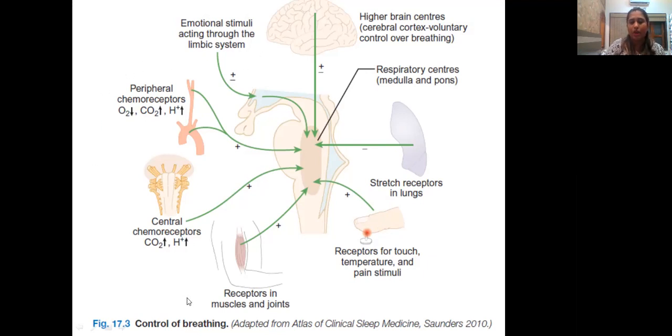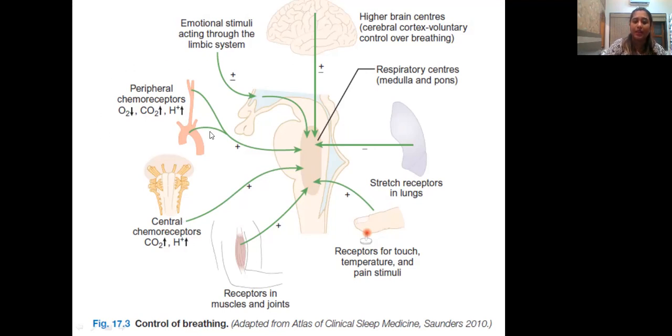Now, these two are important. That is central chemoreceptors. Whenever there is increased carbon dioxide, that is hypercarbia, and acidosis, that will always cause a stimulatory respiratory drive on the respiratory centers. That is why our central chemoreceptors have to be extremely active.